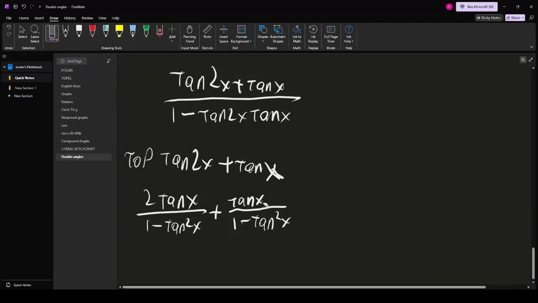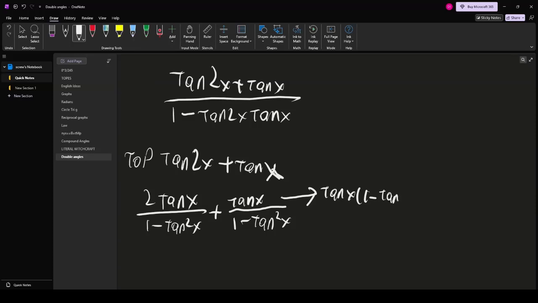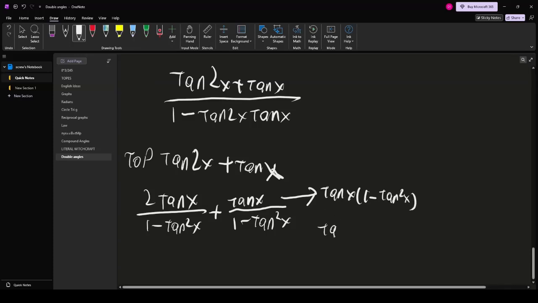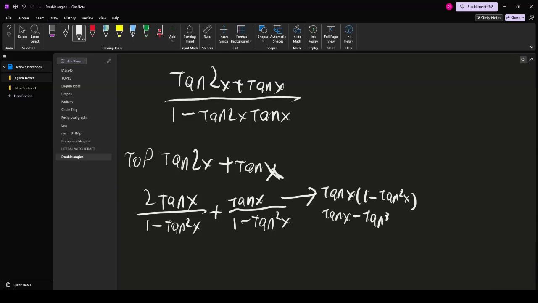So now this is tan x times 1 minus tan squared x, and you distribute that, that becomes tan x minus tan cubed x.